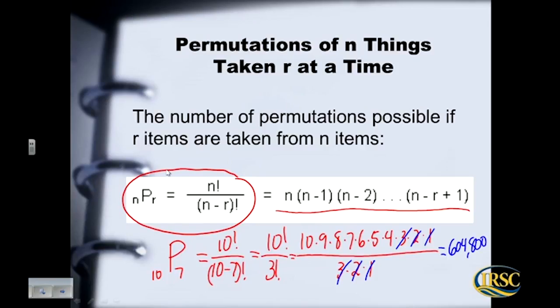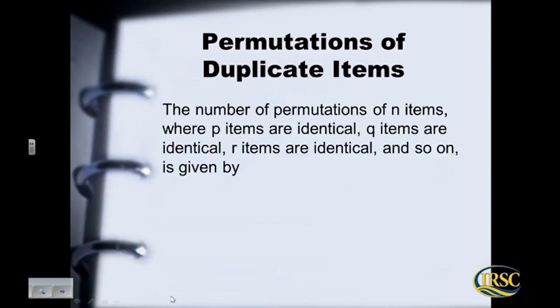All right, let's say that some of your items are identical. The number of permutations of n items where p items are identical, q items are identical, and r items are identical. Okay, let's just say that you had a deck of cards, but they're not standard cards.